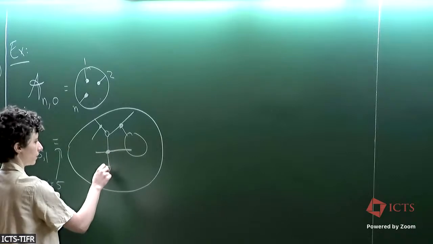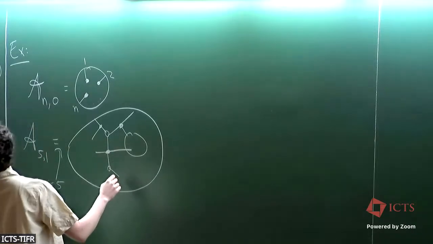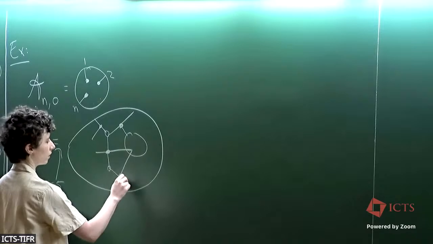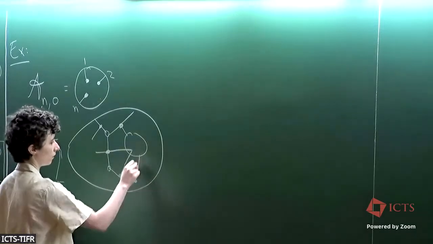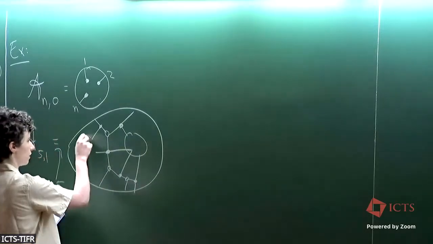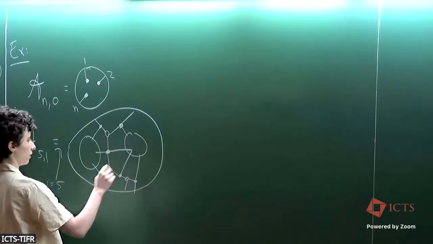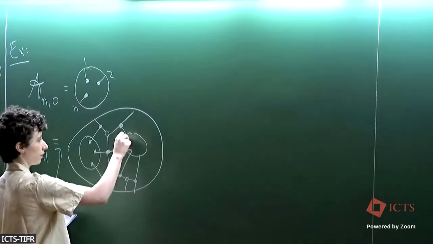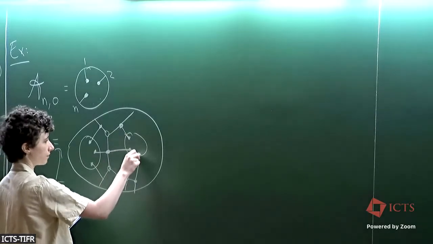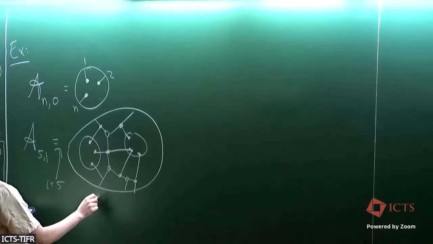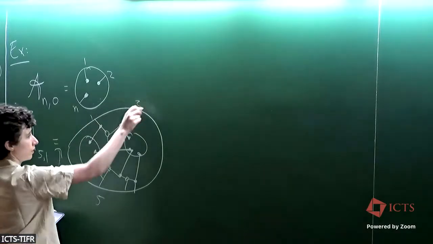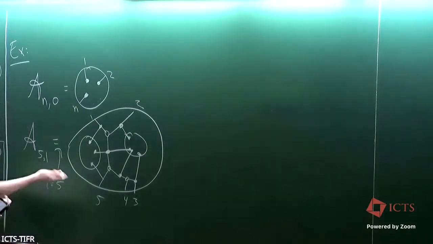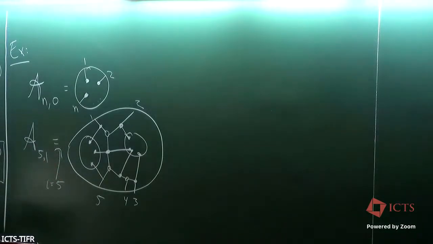The only thing I'm allowed to have in this butterfly are these lollipops. I said I was equal to 5, so that means this is 5 down here. So I just get this single graph here.